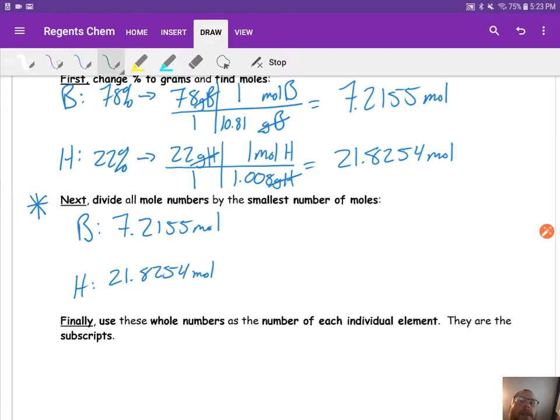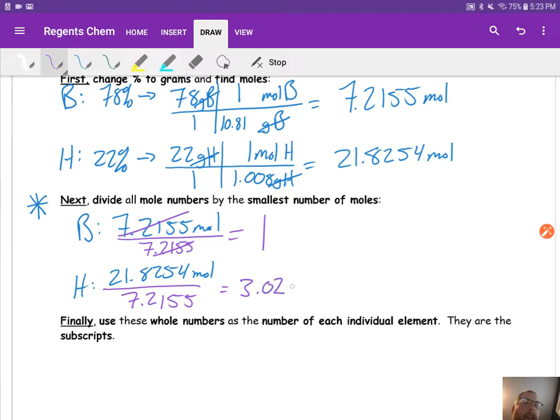So what we're going to do is divide both of those by 7.2155. So the math for boron is pretty easy because we're going to have 1, right? Because if you divide by the same number, it's just 1. Hydrogen, same thing, 7.2155. Now, when we do that math, we end up with about 3.02, which we're going to call 3.